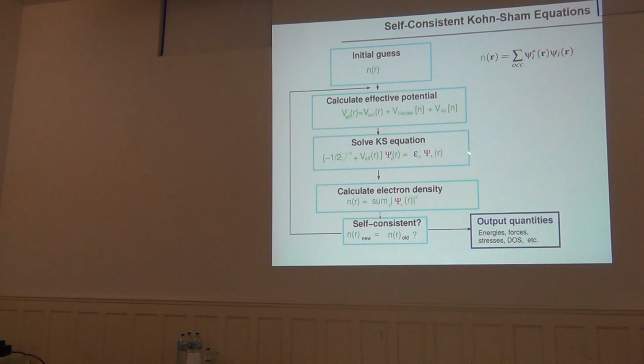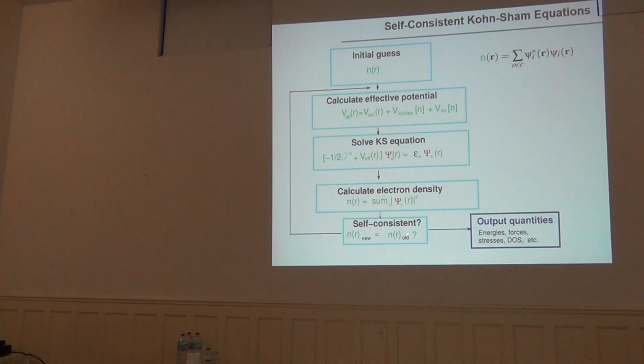So we solve these equations, and when you solve this equation, you are going to obtain a new set of wave functions. So now you take your wave functions, you sum them up, and you obtain a new density for describing your system.